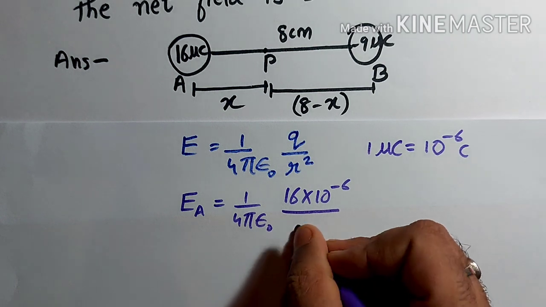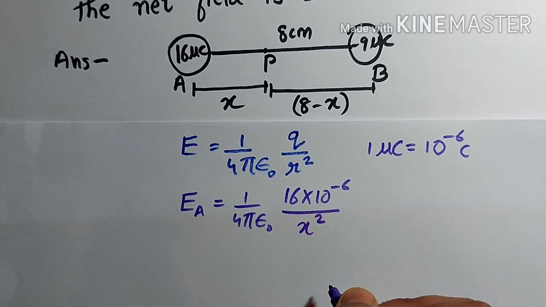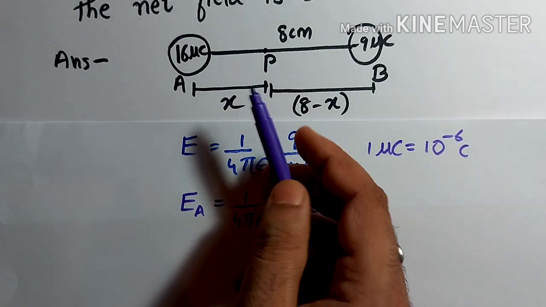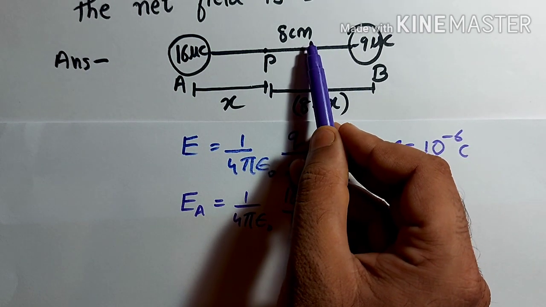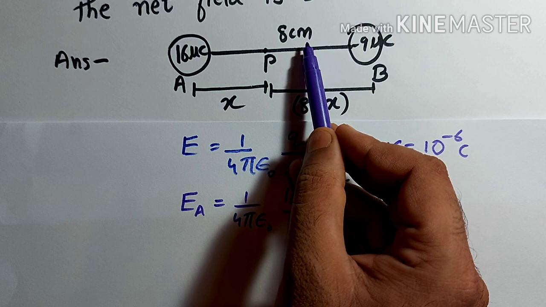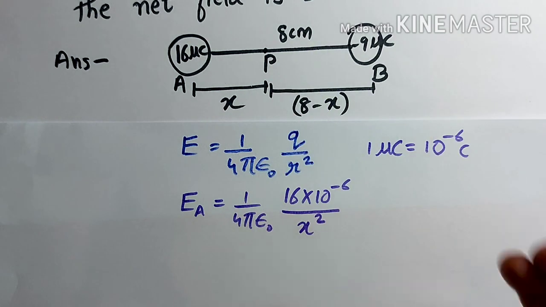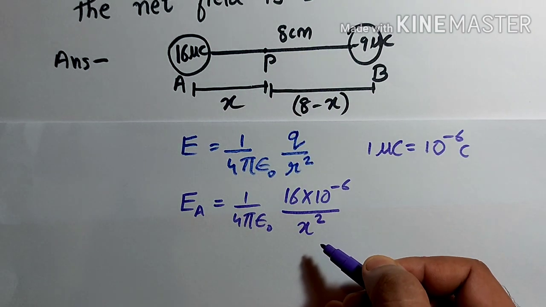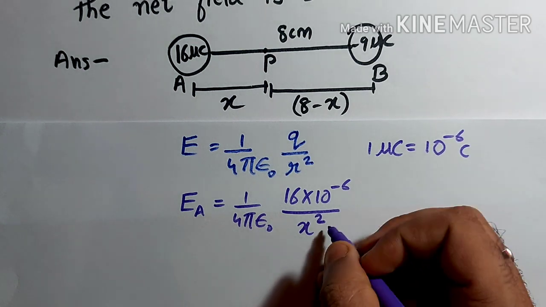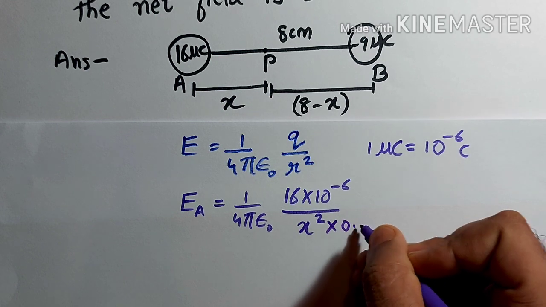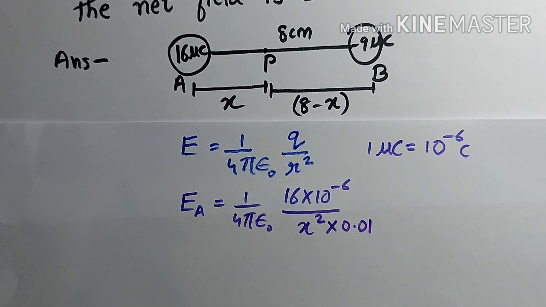So we'll have X square, but remember the distance given is in centimeter and the SI unit of length is meter. So in order to convert the value from centimeter to meter, I write into 0.01. Why?